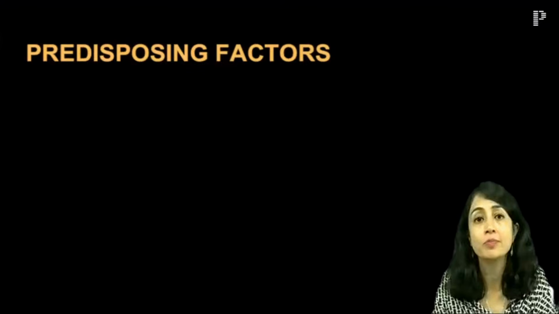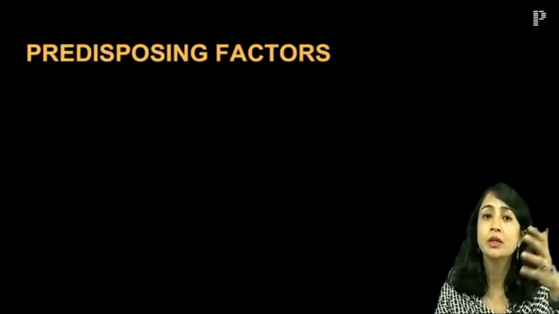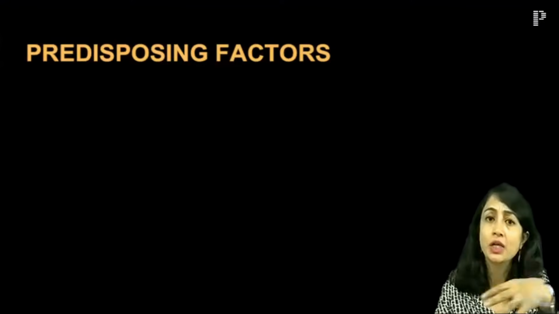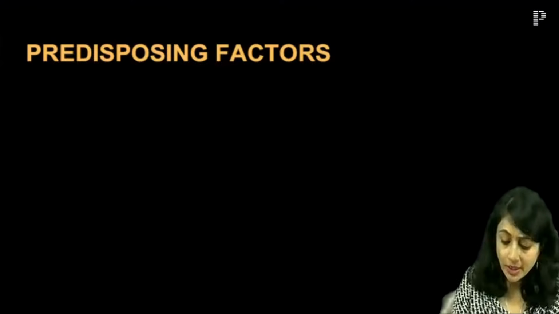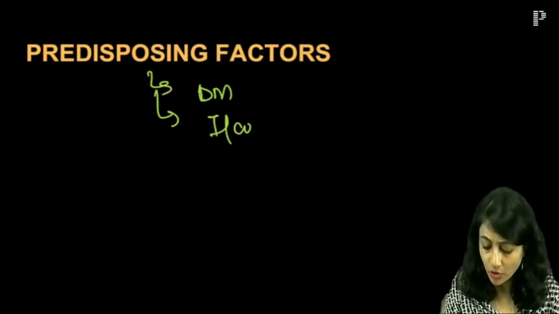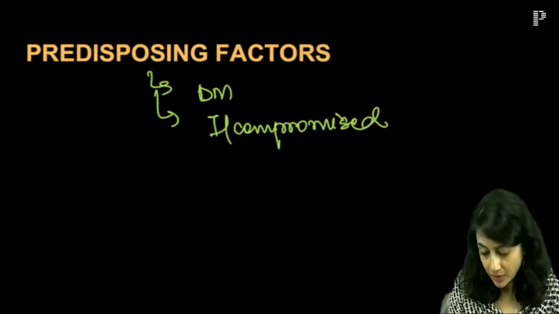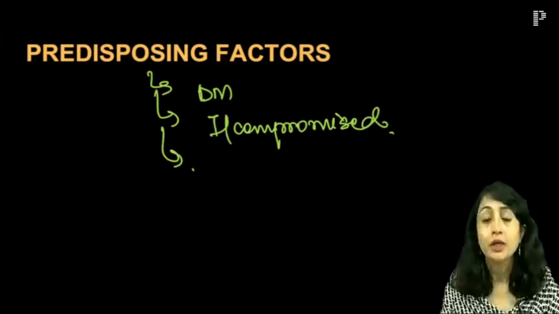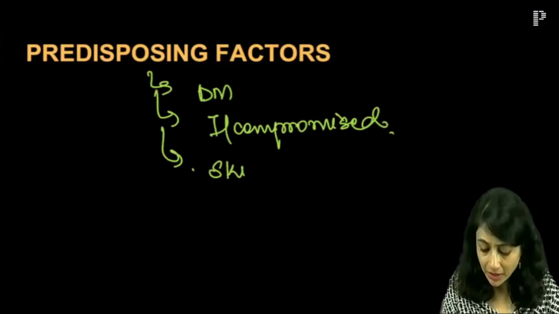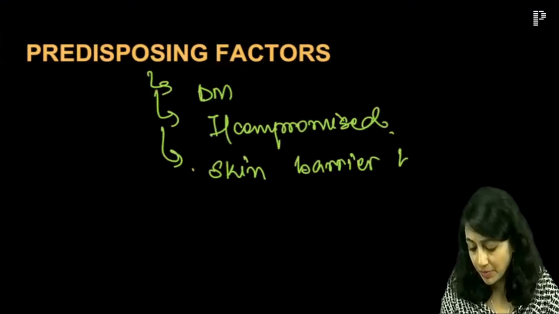Now, what makes me prone to developing a bacterial infection of the skin? It can happen due to a lot of reasons. If a patient is diabetic, if a patient is immunocompromised, or if my skin barrier is hampered for any reason, I become more prone to bacterial infections.